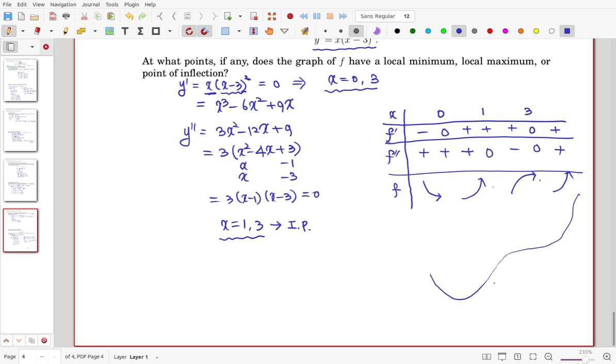So here the absolute minimum is happening at x equals 0. In fact this is a local minimum, but eventually it will be the absolute minimum at x equals 0. And for a local maximum, there's no point which makes a local maximum, because in the other direction it is continuously increasing.